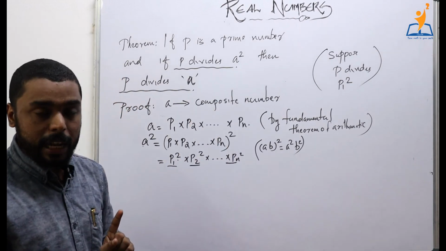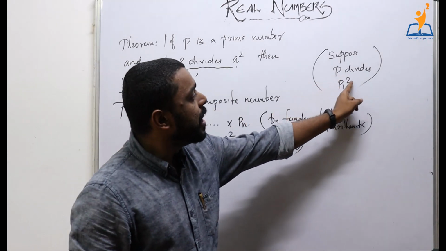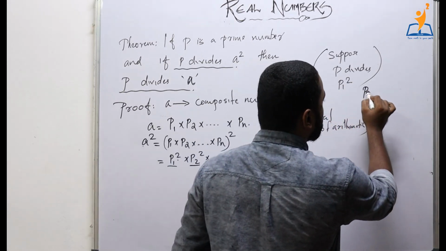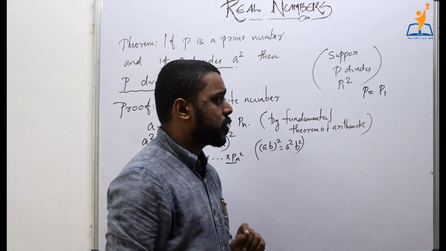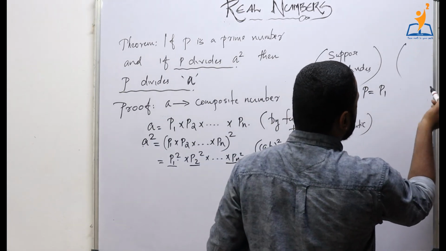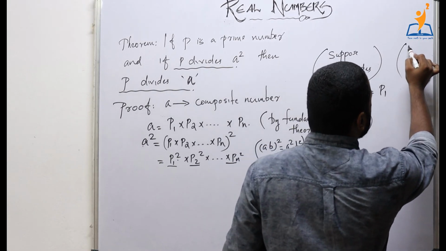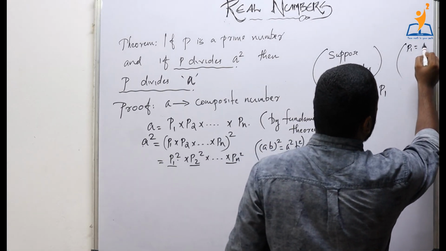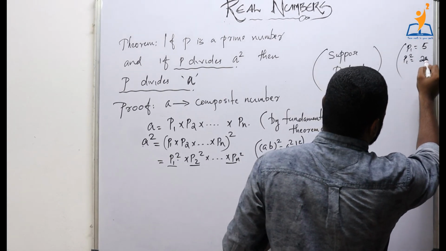Since P is a prime number and P1 is also a prime number, if P divides P1 square, then P must be equal to P1. You may feel confused. Let us eliminate that confusion by looking into an example. Suppose that P1 is equal to 5, then P1 square is equal to 25.